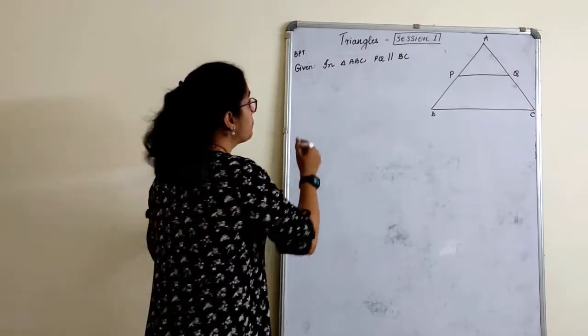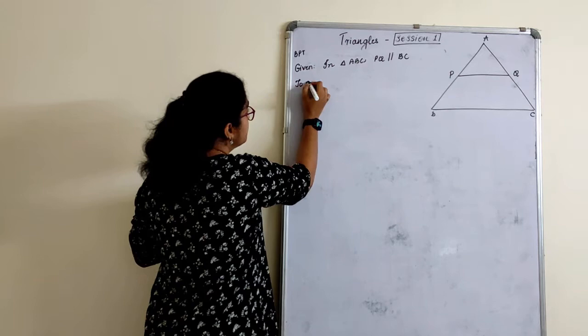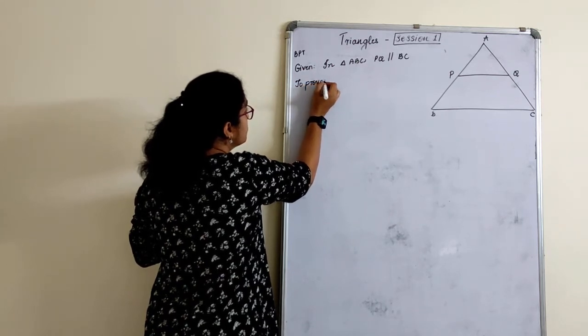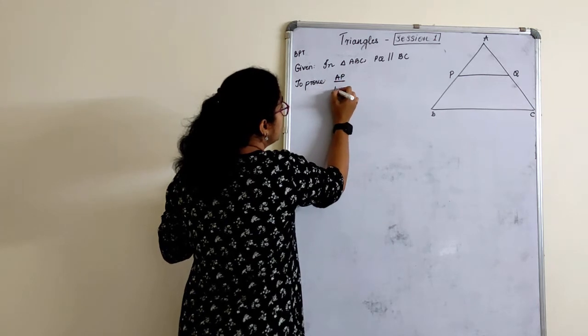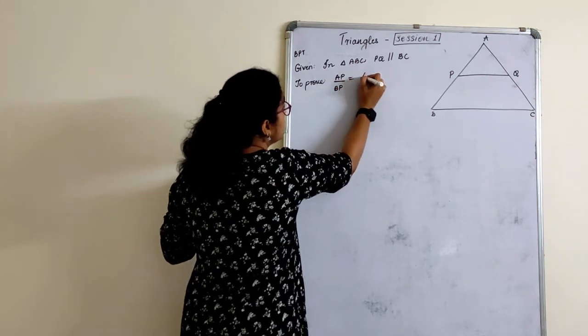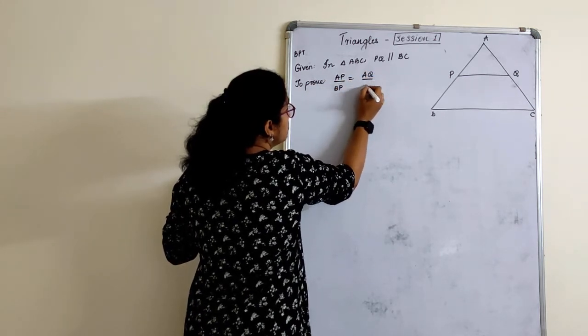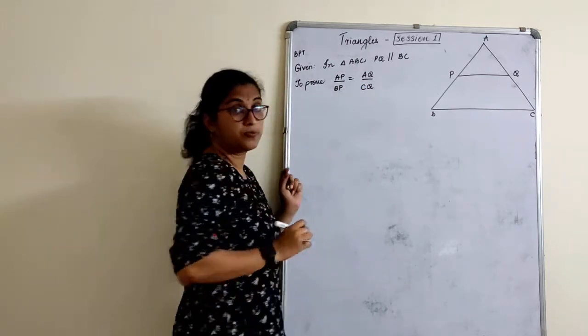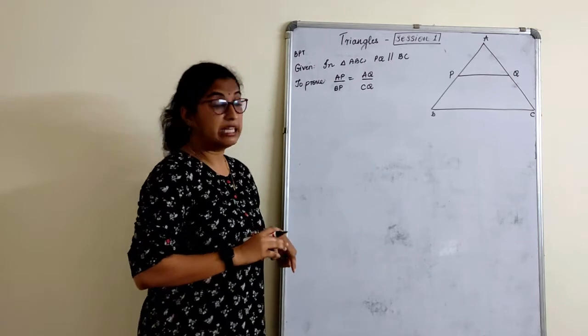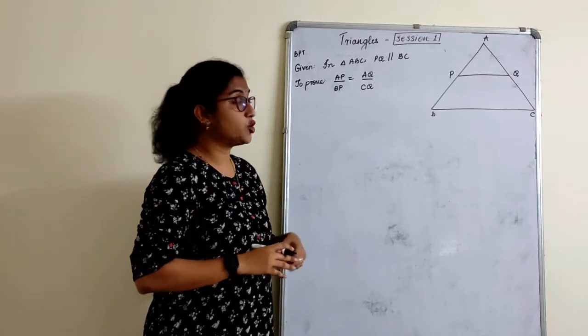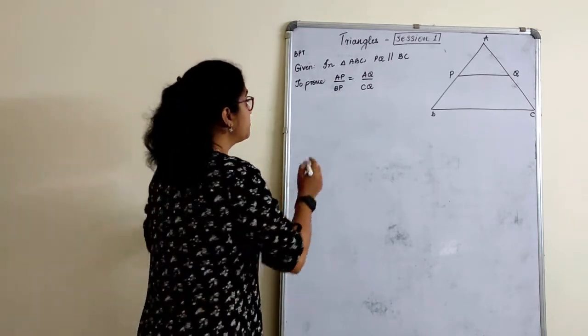This much is given. To prove: what we have to prove? AP upon BP is equal to AQ upon CQ. Right? As we have told, if a line is drawn parallel to a side of a triangle, it divides the other two sides proportionally. That is what we have to prove here.